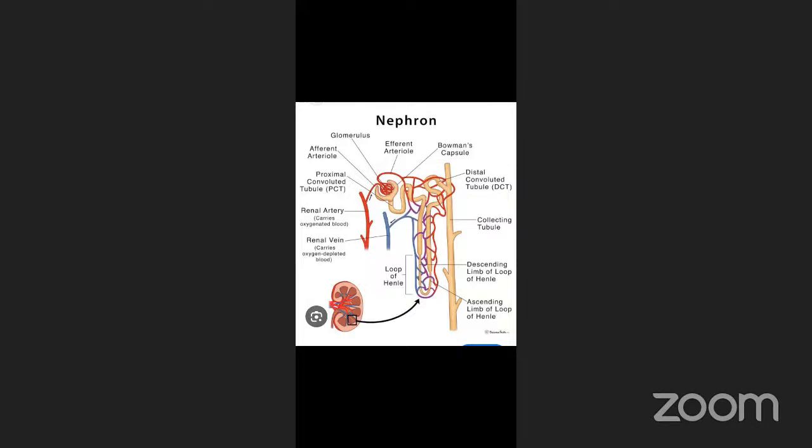So what usually occurs in the kidney, specifically now at the loop of Henle, there'll be more reabsorption of salts back to the bloodstream. Now, the aldosterone hormone will be released to cause more reabsorption of salts back to the bloodstream.